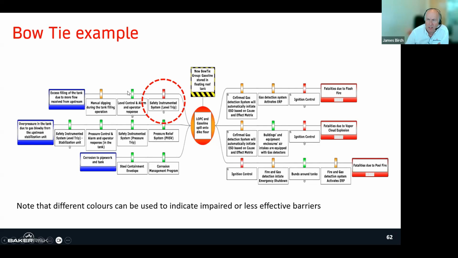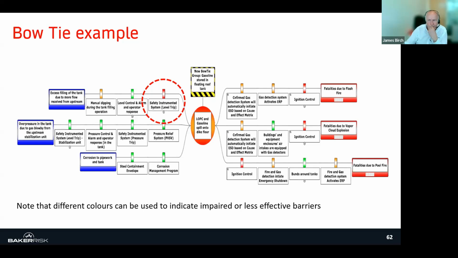Do I go and lock the valves off to that tank so I cannot put any more material in it until I've repaired the trip? Do I change the frequency of dipping? Do I have a supervisor verify what's being done? Those are the questions we have to ask. So that's why this is a process that we have to help people to do right. We have to train them to do it right. We have to make it easy for them to get it right.